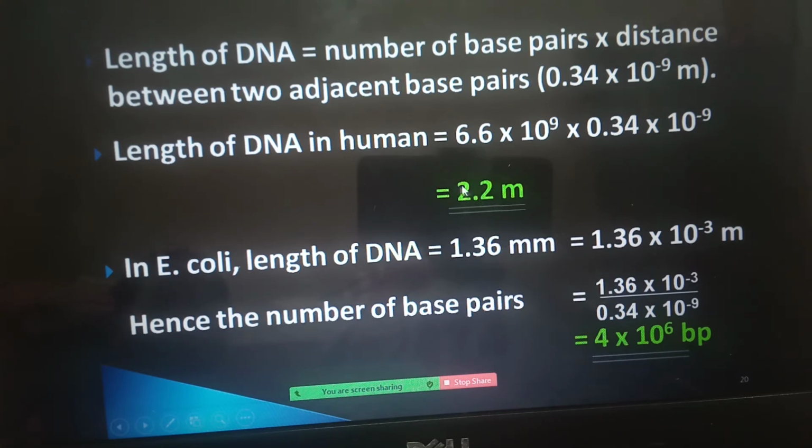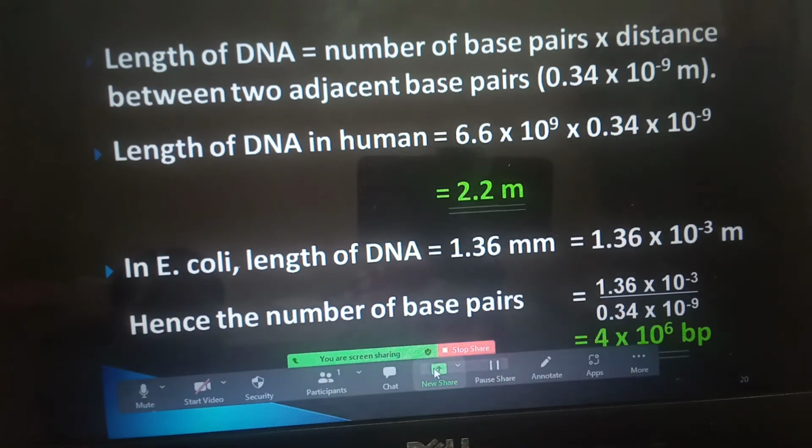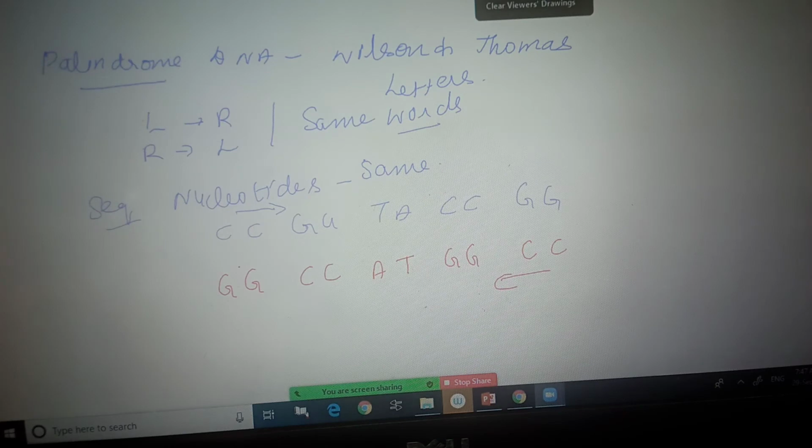Now, this 2.2 meter length of human DNA should be accommodated in a small space called the nucleus. So that requires special packing or folding. That is what DNA packing we are going to see now. Packing of a DNA helix.